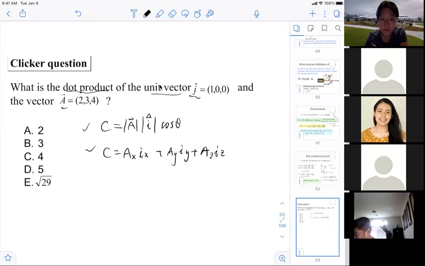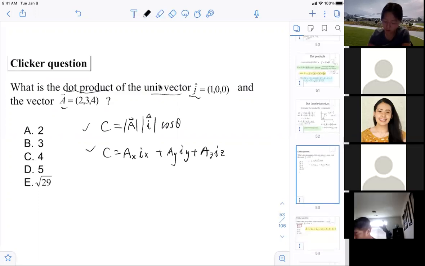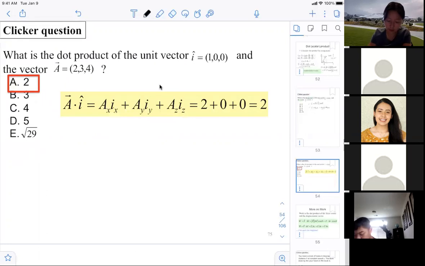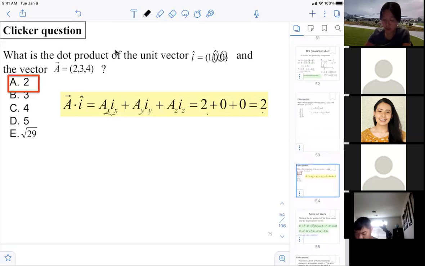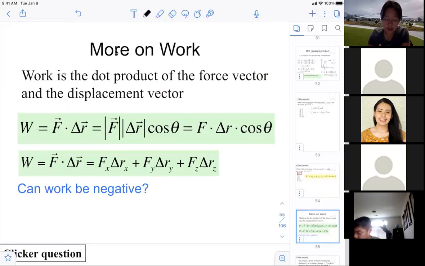The second equation. Yeah, second one, that's most straightforward. So you can see that if I simply multiply the components together, I simply get 2 plus 0, because these two are zeros, and the answer will be 2. Okay, so it's really just a direct application of a dot product. Very good.